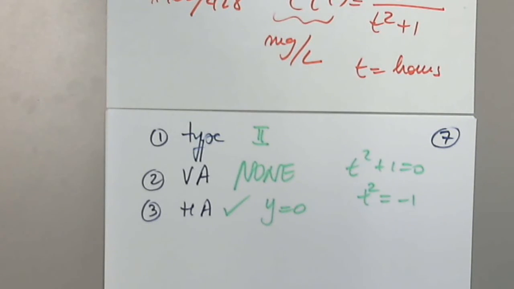So in the viewing window, I'm going to say 0. I don't know how many hours. I'm going to put 20 hours with a scale of 5. Y minimum, 0. Y maximum, I'm not sure, so I'm going to put 10 for now, with a scale of 1. So I'm going to graph.